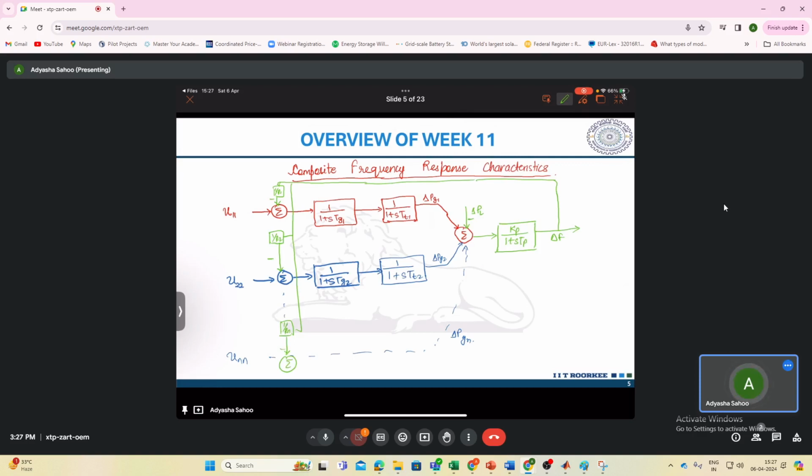So this completes your block diagram for the frequency response characteristics when there are more than one generating units.